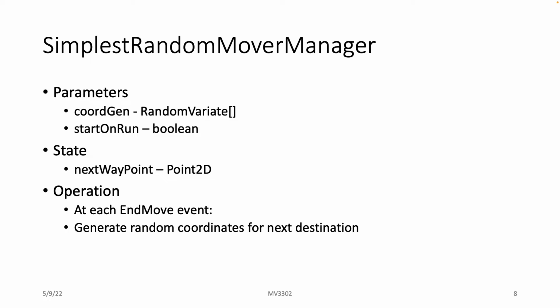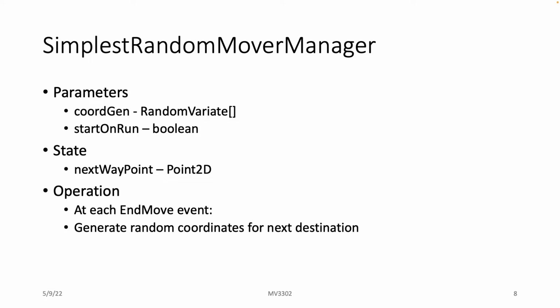When you get there, pick another random location and go there. Just keep wandering around these random locations. Sometimes people use this as a way of testing some kind of search algorithm. It can be useful.